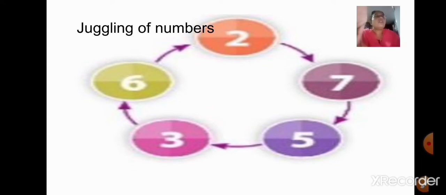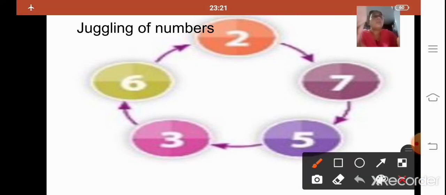Then in juggling of numbers, we have learnt how to form the largest and the smallest number. Now suppose the digits are given. To form the largest number, we write from the largest digit to the smallest digit.